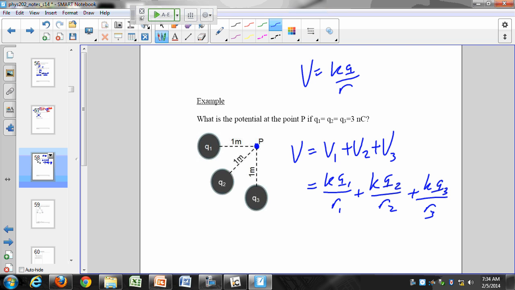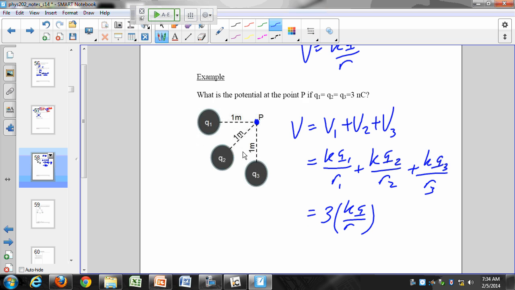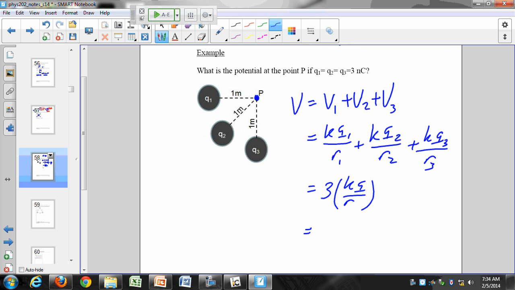Now, because these are all the same, I can just say 3 times that quantity. So I'm just going to say 3KQ over R, because they're all identical charges, they're all 3 nanocoulombs, and they're all 1 meter away. So it's going to be 3 times 9 times 10 to the 9th, times Q, which is 3 times 10 to the minus 9 coulombs, divided by 1 meter.